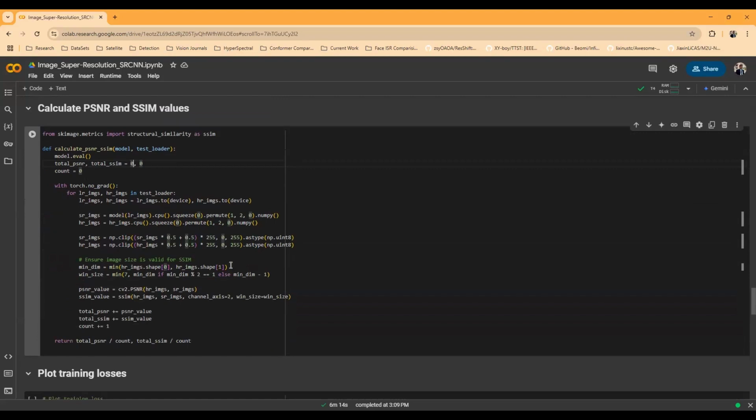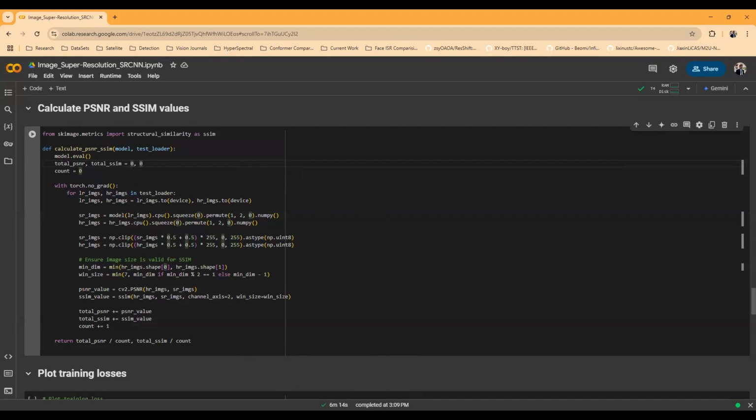So what is the criteria for evaluating how good the image super resolution performance is? That is based on pixel-based approaches, and many modern architectures or recent models use several other metrics apart from simple PSNR and SSIM.